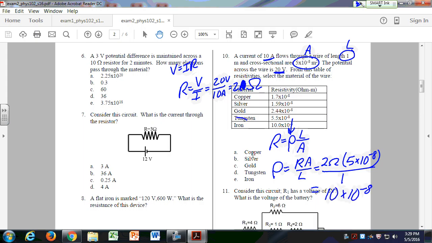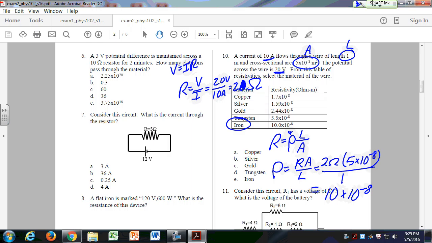And I come along here, and it tells me it must be iron, because that's what has that resistivity. So on these couple steps, you first have to find the resistance, then you have to find the resistivity, and then once you find the resistivity, you just go in the table and select out the material that has that resistivity.